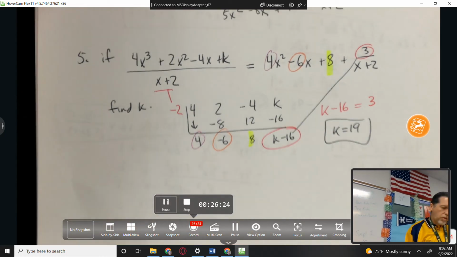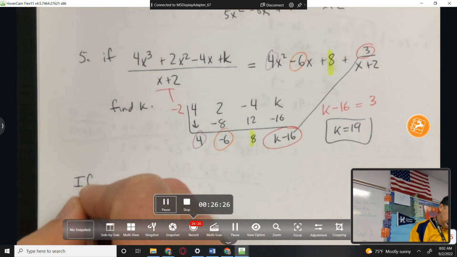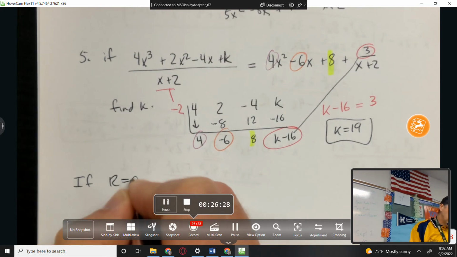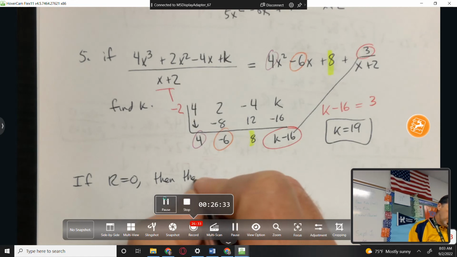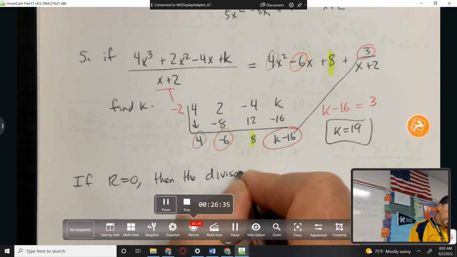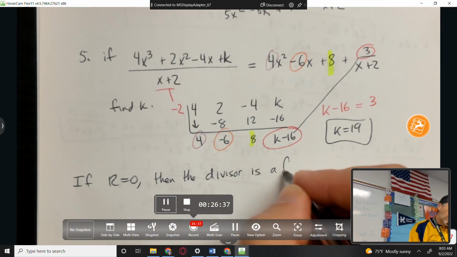Okay, 2 more things to say. If r equals 0, then the divisor is a factor.